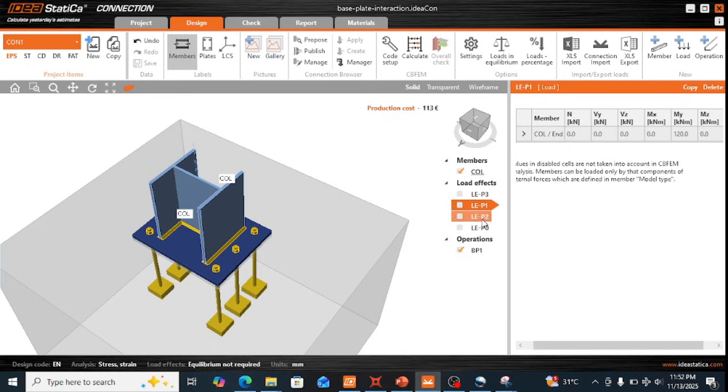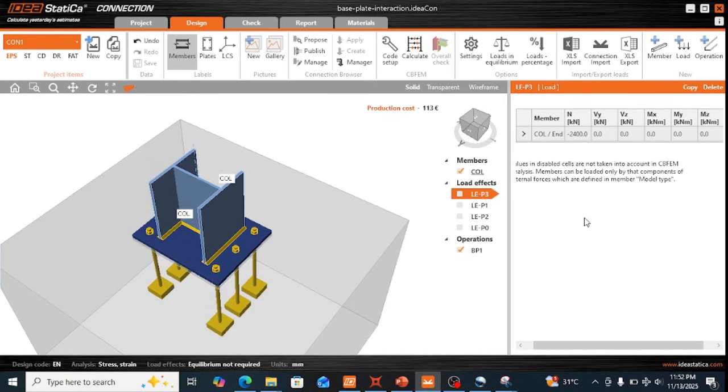Now coming to P2, it is a case wherein both an axial compression as well as a moment are applied, with an axial compression of 800 kN and a moment My of 200 kNm. And finally LEP3 is a load effect corresponding to the point P3. Here you will find that the base plate is subjected to only an axial compression of minus 2400 kN.